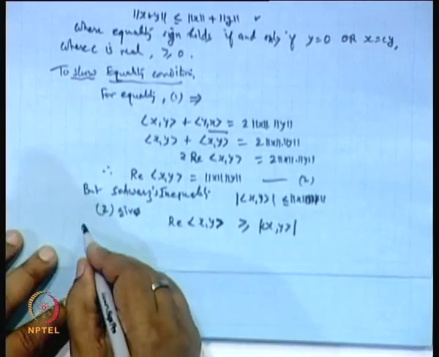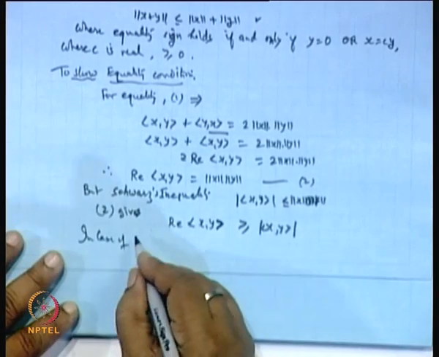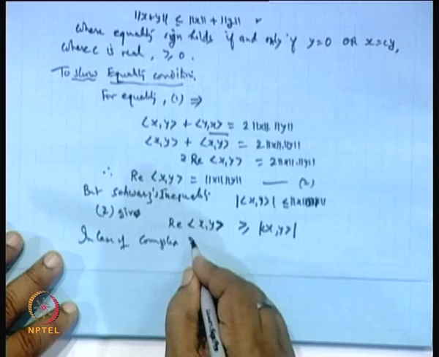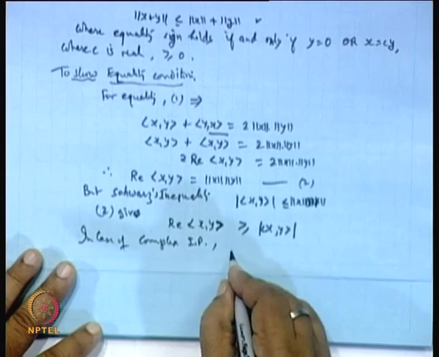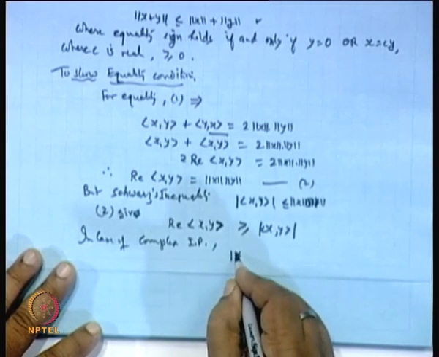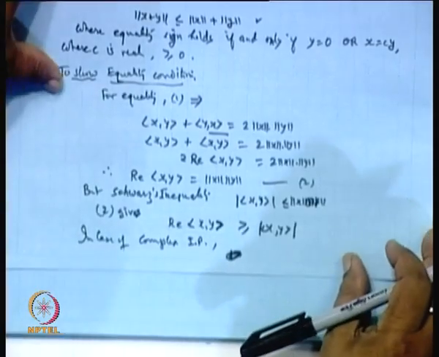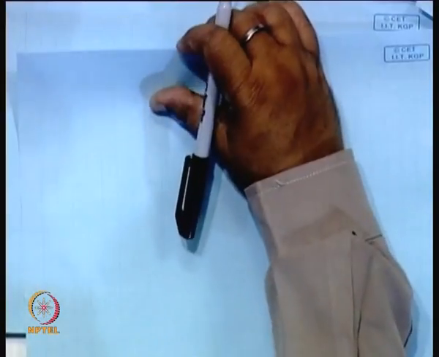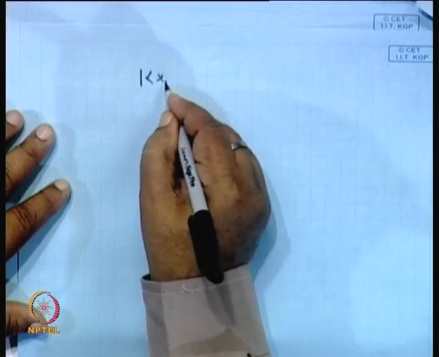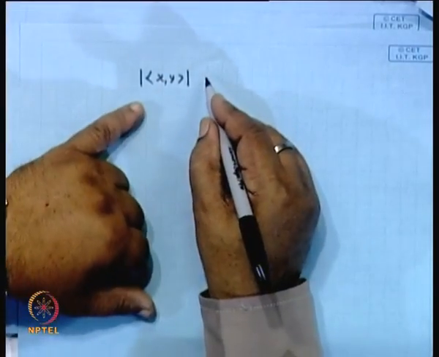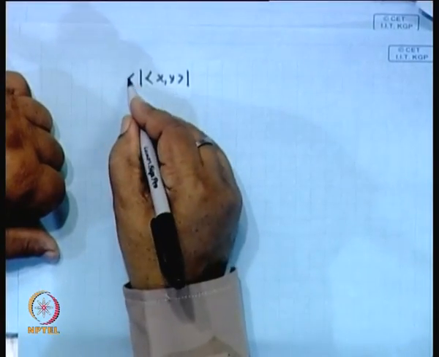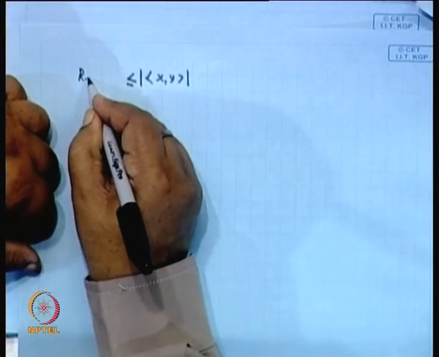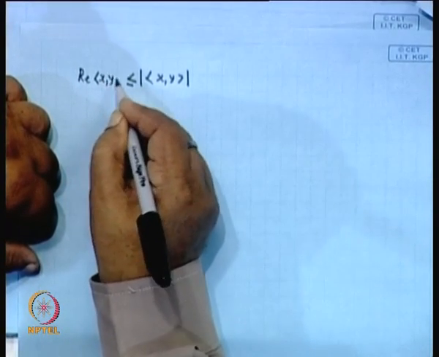Now, in case of a complex inner product space, the modulus of the inner product x, y will not be less than or equal to the real part of this, rather this is always greater than or equal to the real part of the inner product x, y.